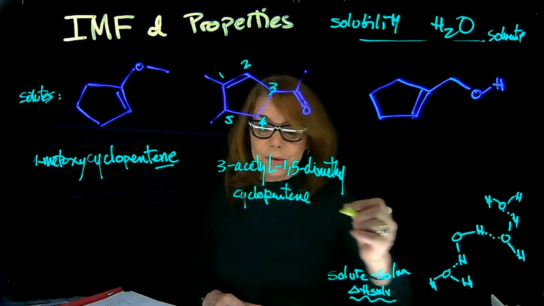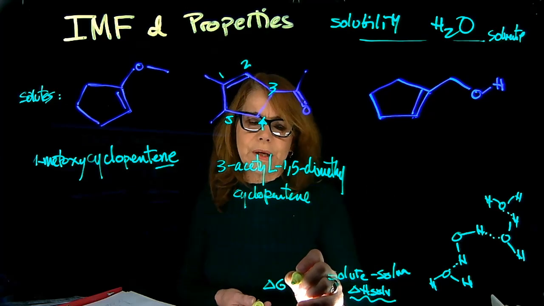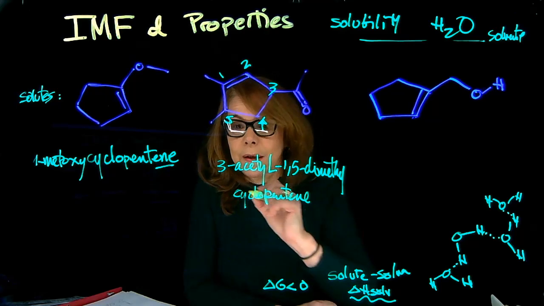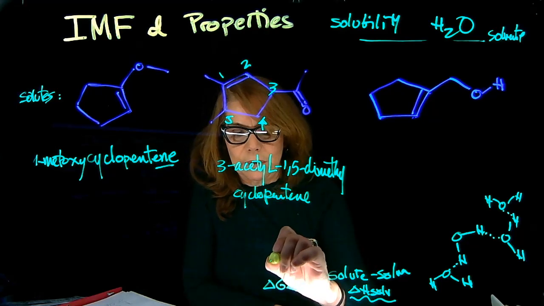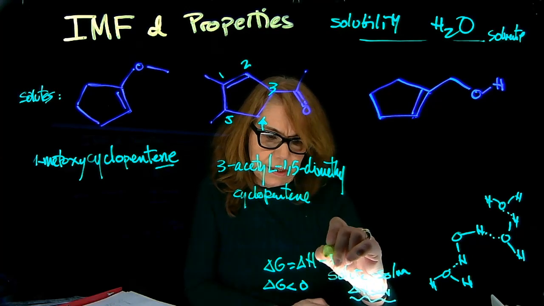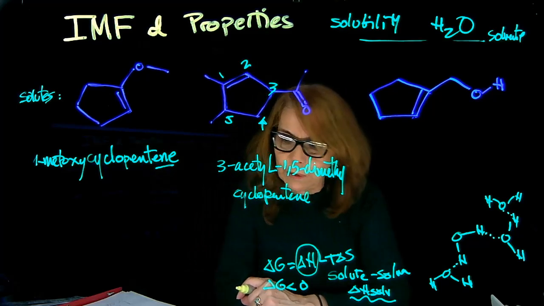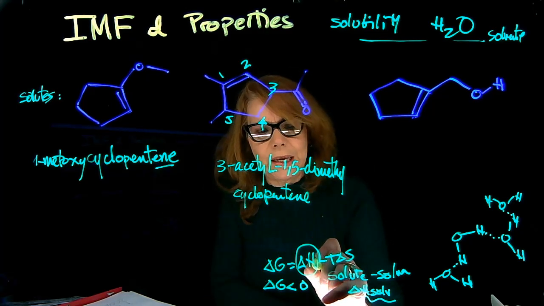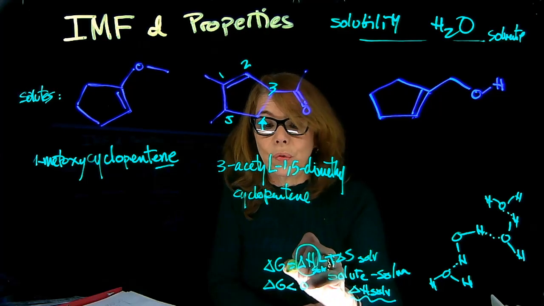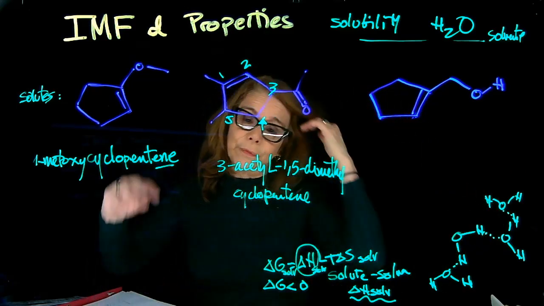And again, we always remember all the processes, phase changes, dissolution, reactions, etc. We talk about spontaneity, so whether it is favored in terms of delta G, the Gibbs free energy, which has a component that is enthalpy and entropy. So I'm going to write that down here: delta G equals delta H minus T delta S. The term that I'm talking about, replacing intermolecular forces, is the delta H of solvation. The delta S has to do with the disorder, the degrees of freedom.